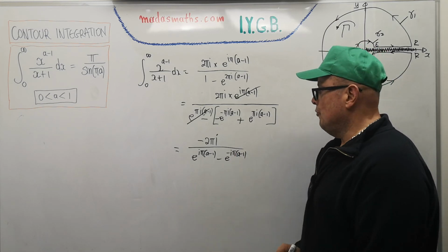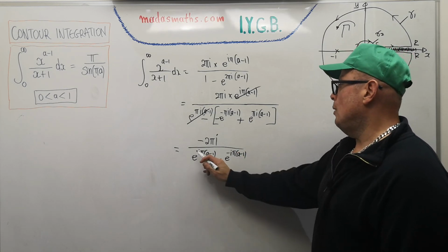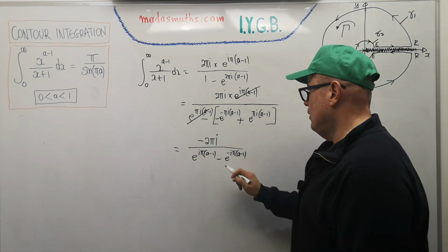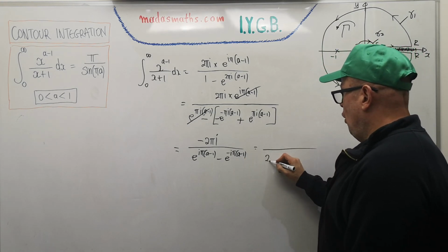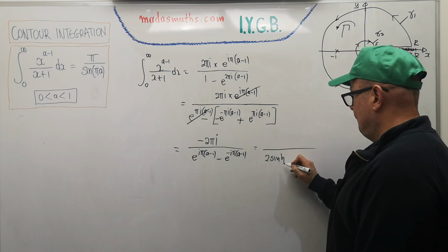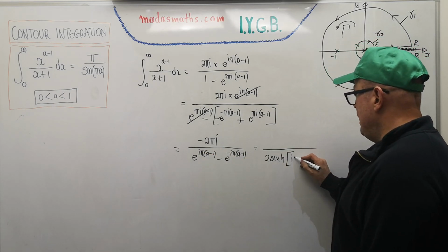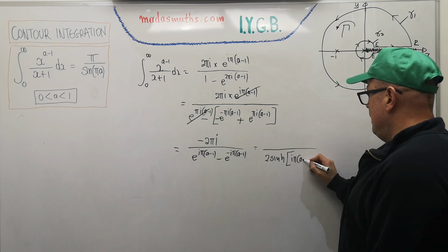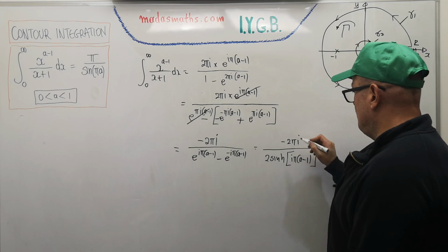Now what is that? That's of course the sinh, actually two lots, because normally I would have had halves in there. So I have two lots of the sinh on the bottom. And what's in the argument of the sinh? The argument is i pi (a minus 1), and the minus 2 pi i on the top.